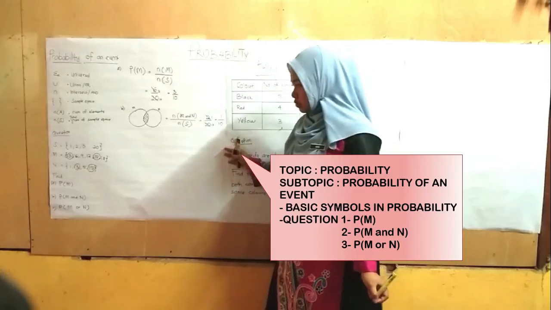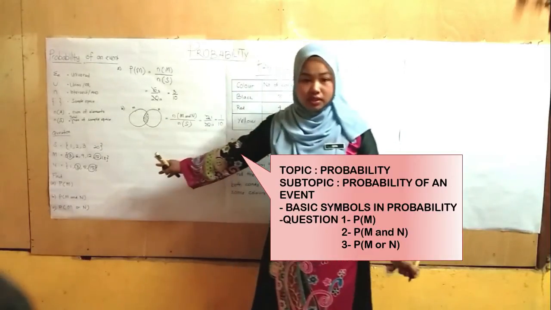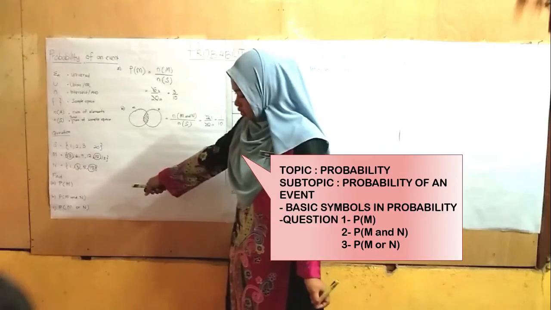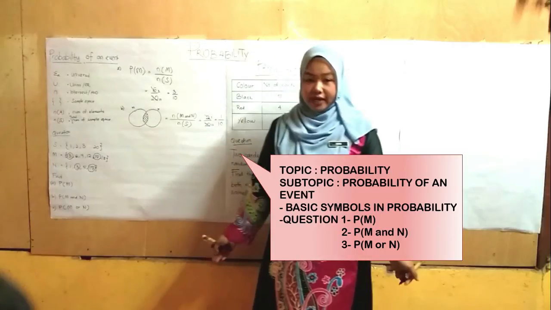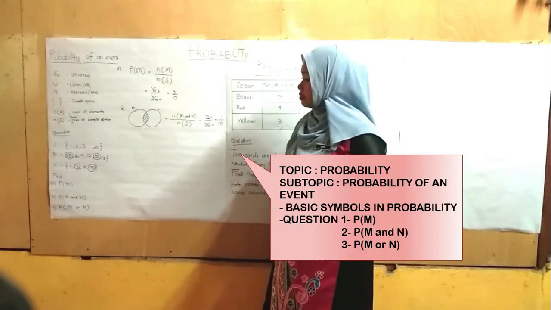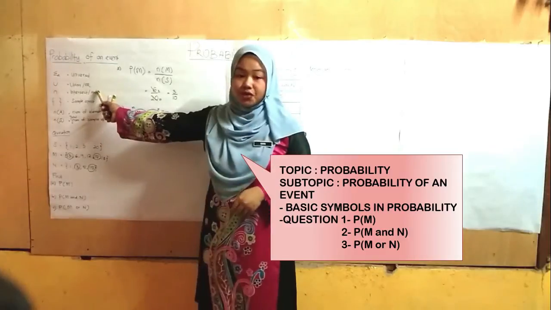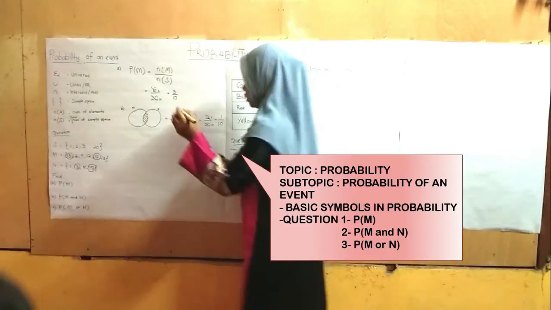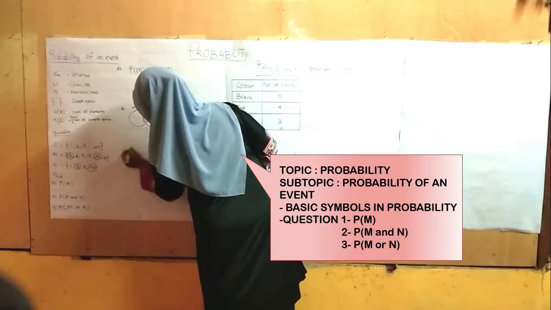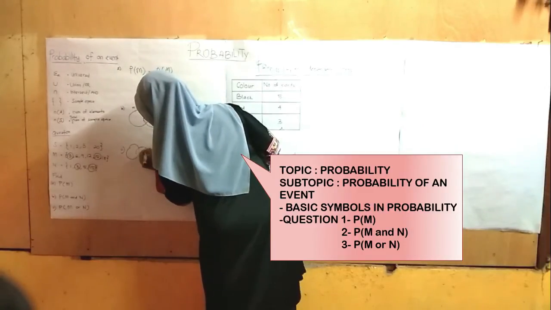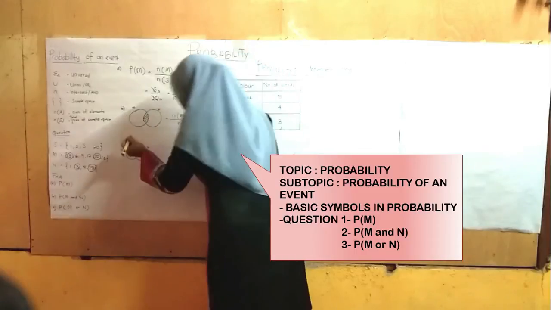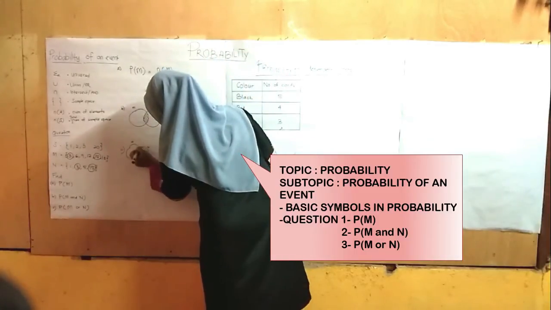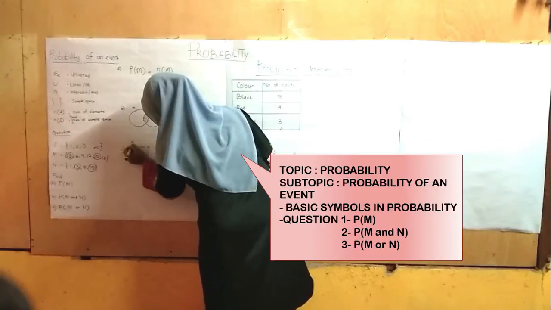The same goes to the next question, where we have to find the probability of M or N. Like I said before, or means union. Union means the whole elements in M and N. To illustrate that, I draw like this.